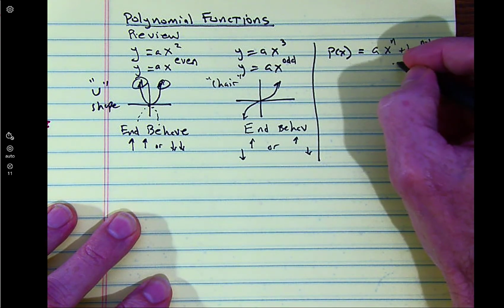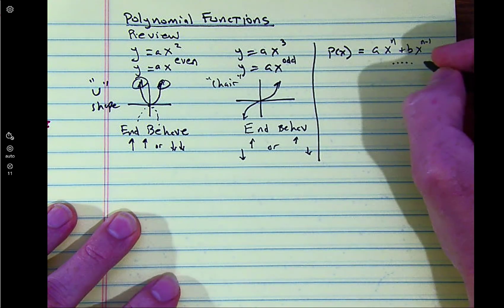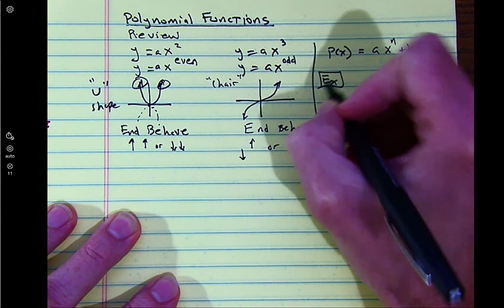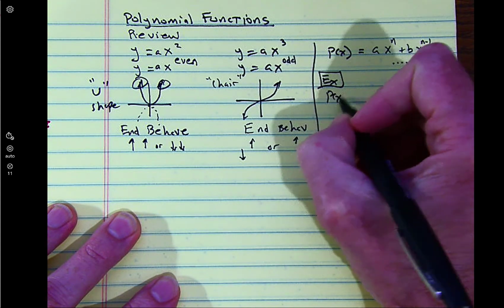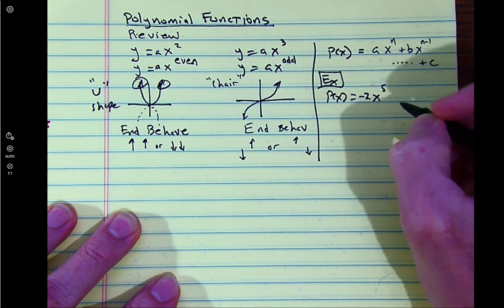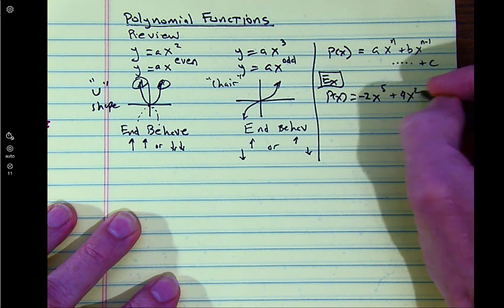And this polynomial is going to have more and more terms. Eventually I'll have the constant plus c. So some examples of this. The polynomial function might look like minus 2 x to the 5th power plus 4x squared minus 7.